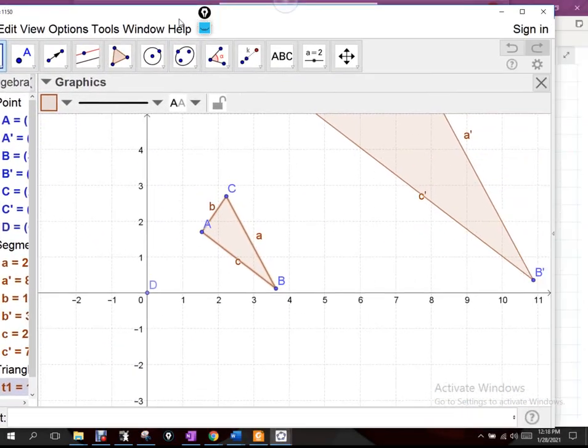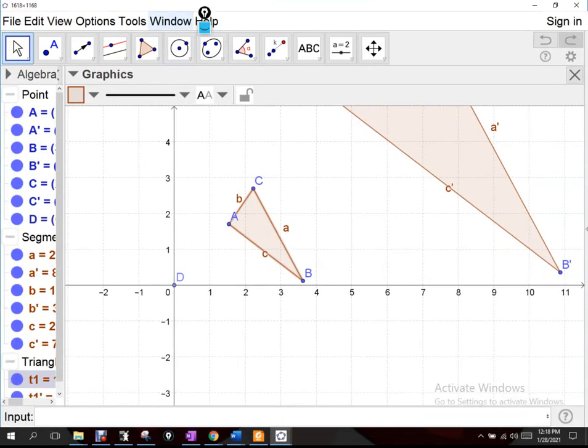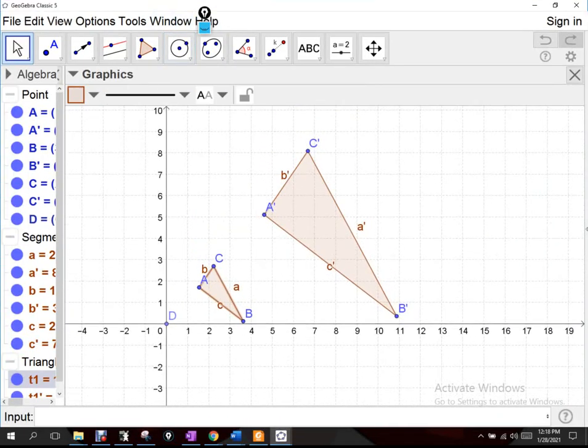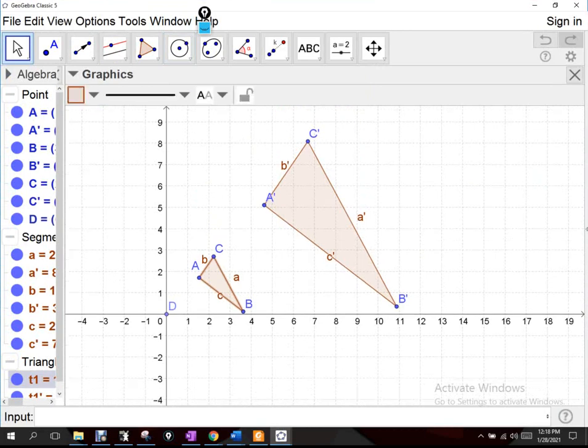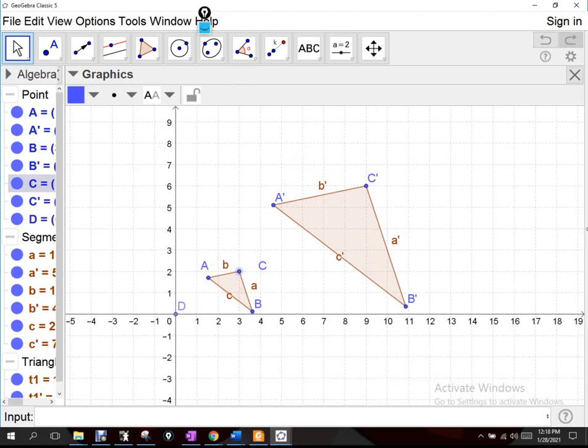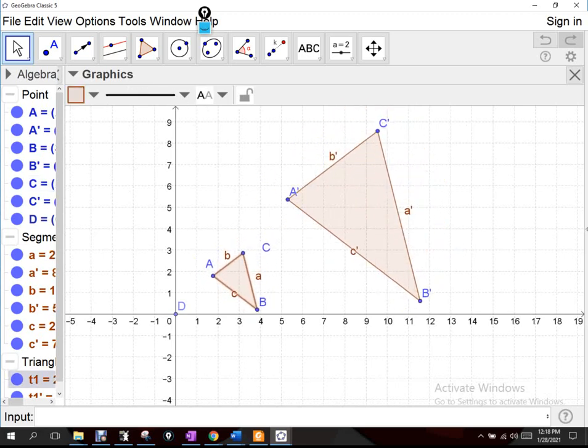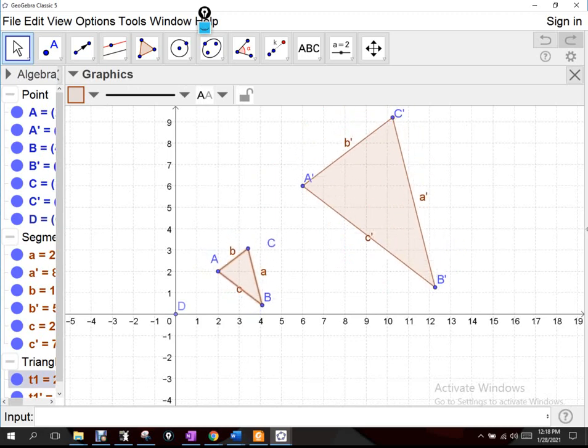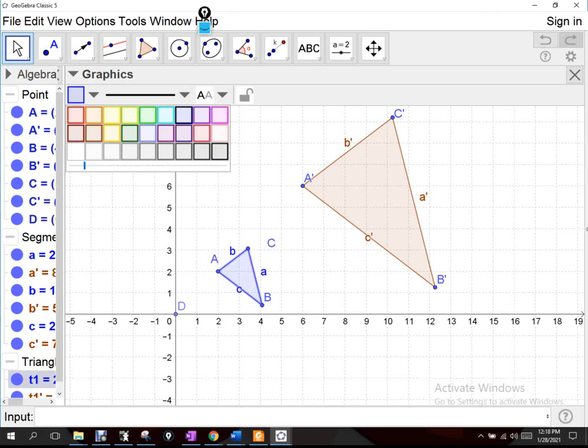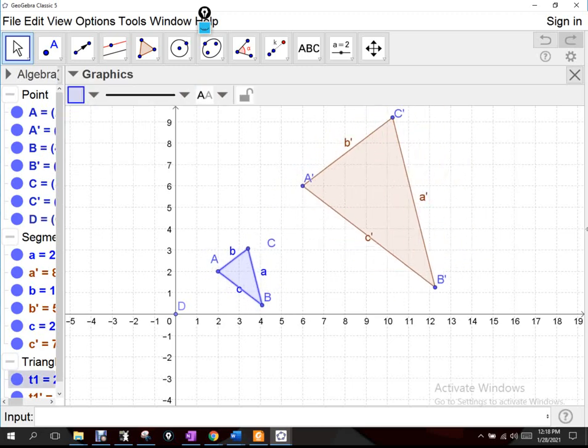All right, so to demonstrate this, I've got 2 triangles here, ABC and A prime, B prime, C prime. By moving the blue triangle, it'll move the red triangle.